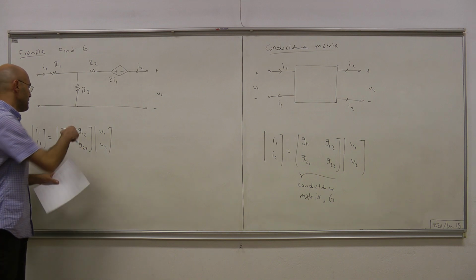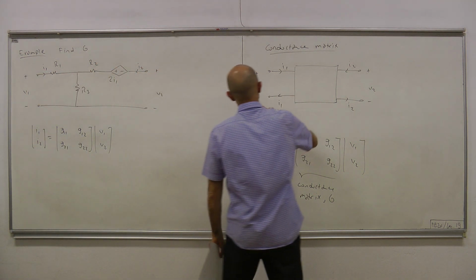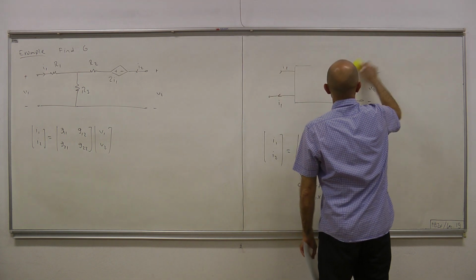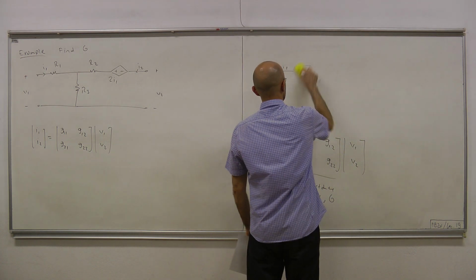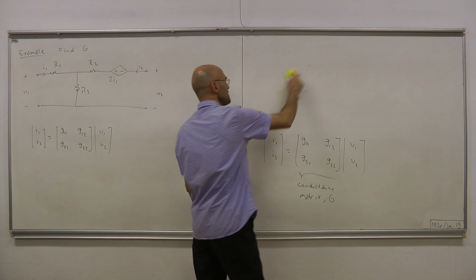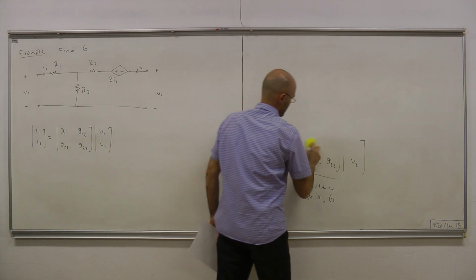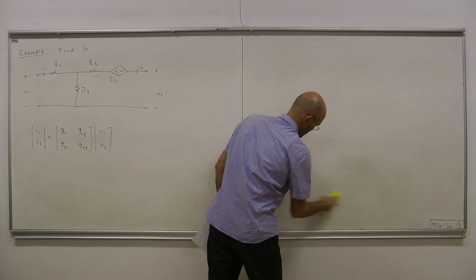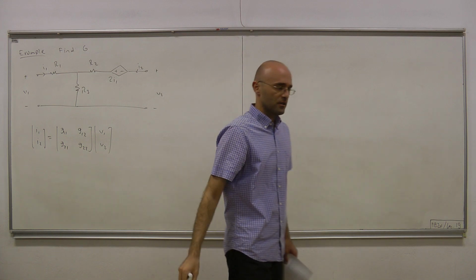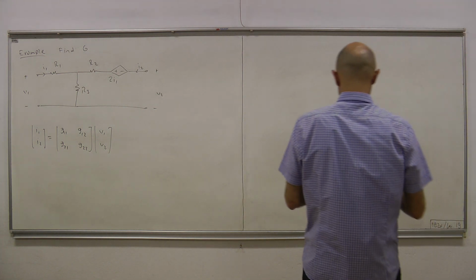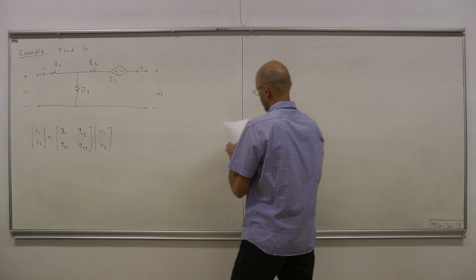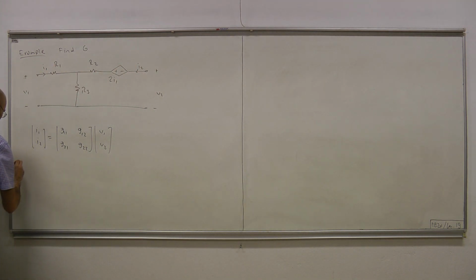But there are many ways that you can obtain the result. Here is one way that you can apply to any situation where you're to find the conductance matrix. Okay. There is the solution.